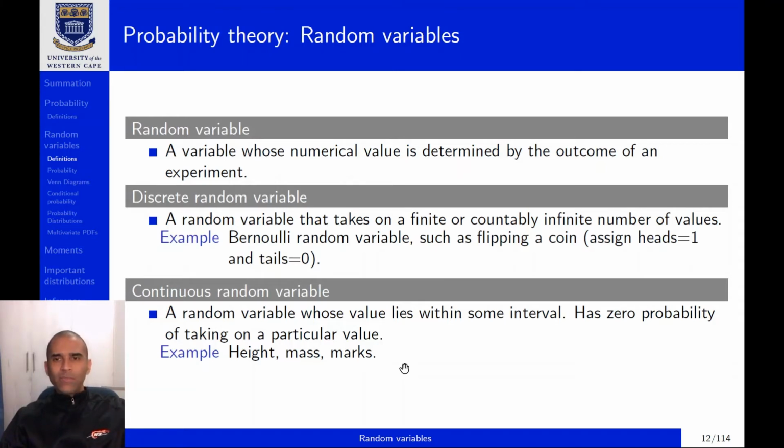Now, if you combine that definition with this definition of random variable, it will be immediately clear to you that in many instances, most of the variables we are interested in as economists or social scientists more generally are not strictly random variables in the way we've defined it over here.